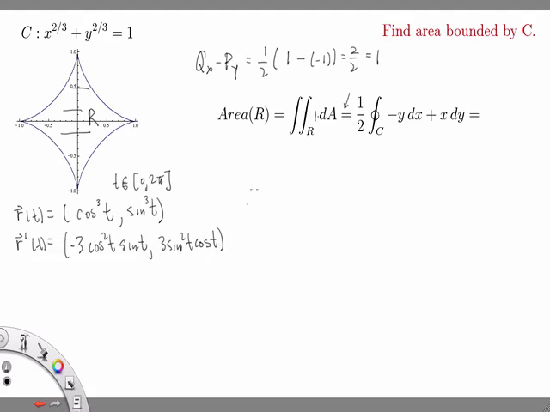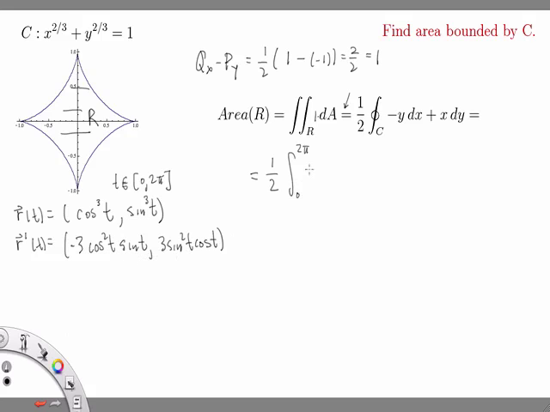All right, and so now we have to rewrite this curve integral in terms of a single variable integral from 0 to 2 pi. And then I have minus y times dx, so I get minus sine cubed times minus 3 cosine squared t times sine t dt.